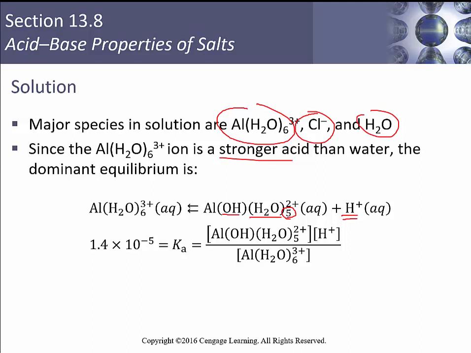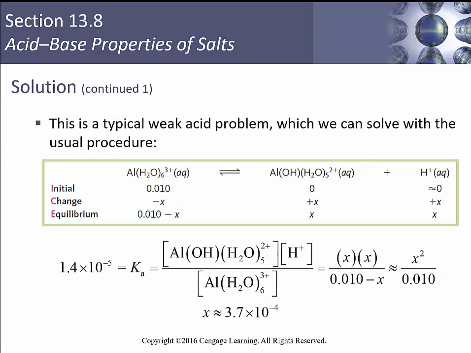We know that the Ka value is 1.4 times 10 to the minus 5. Our equilibrium expression is going to be our products over our reactants. We'll set up an ice table where we start off with 0.01 molar aluminum hexahydrate, and no aluminum hydroxide pentahydrate and no H+. We're going to lose some of our reactant to form some of our product.